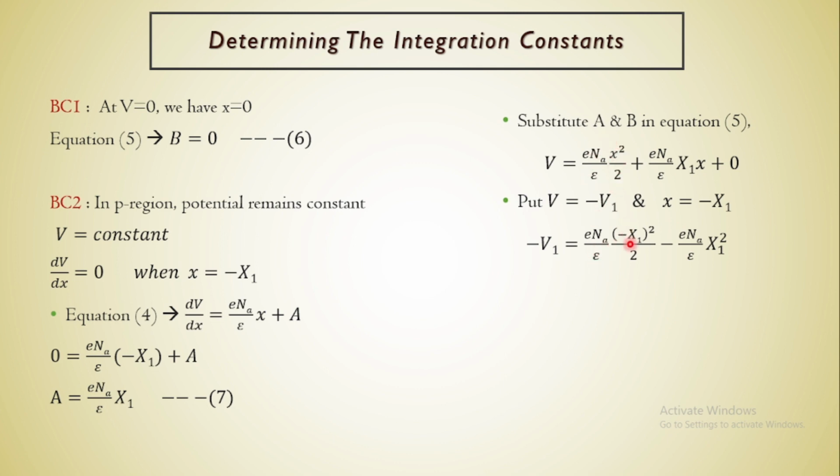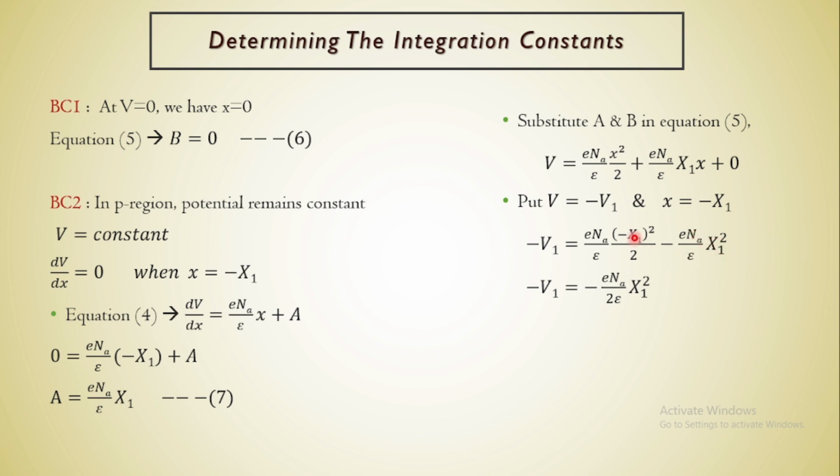In place of x we have minus x1 whole square, and in place of small x we are substituting minus x1 again. So x1 into x1 will become x1 square, and when we simplify it we get the value of v1. Both are almost the same, that is ENA by epsilon into x1 square, ENA by epsilon into x1 square.